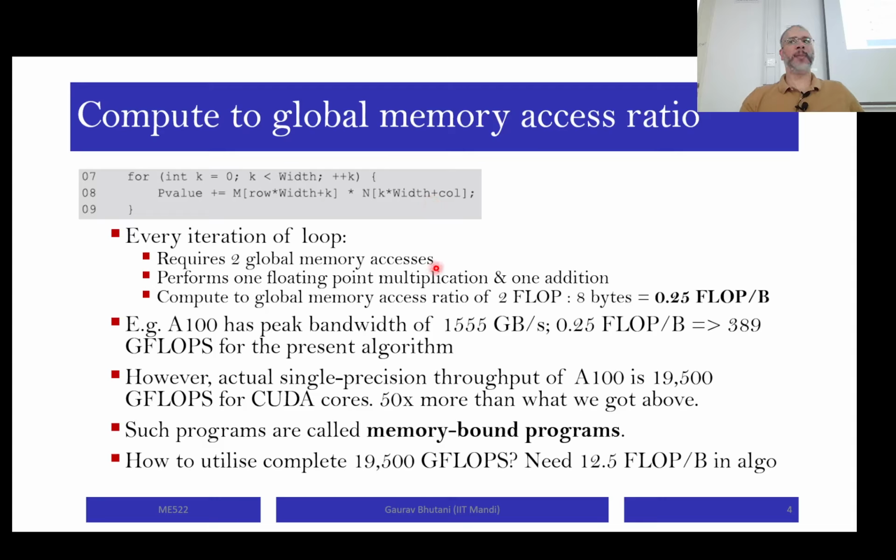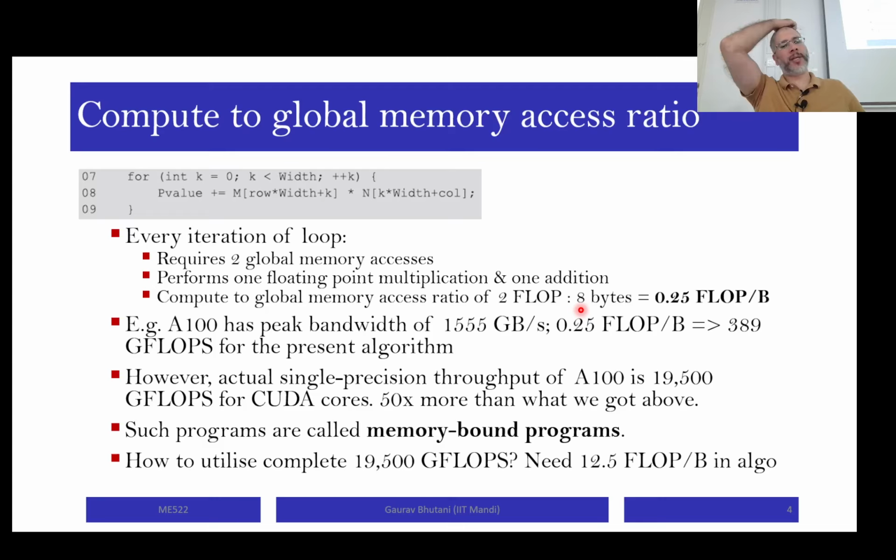You have two global memory accesses and you perform one multiplication, and then there is one addition also involved with that. After multiplying the elements, you add it to p value. So there is one floating point multiplication and one addition involved. So what is the compute to global memory access ratio? You are doing two floating point operations, so two flop, and you are having two memory accesses.